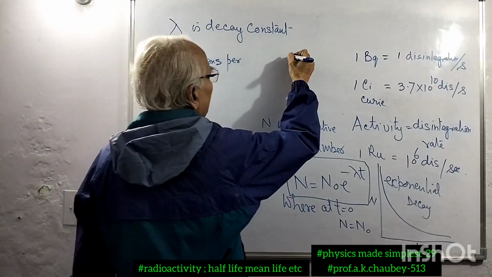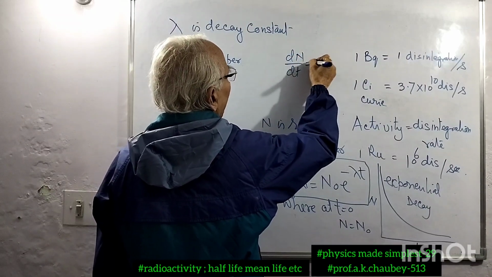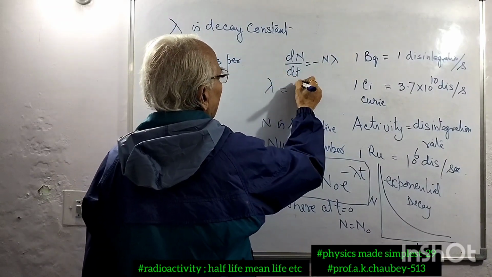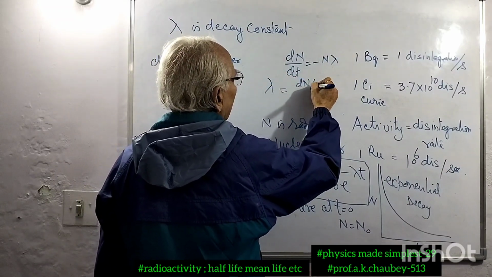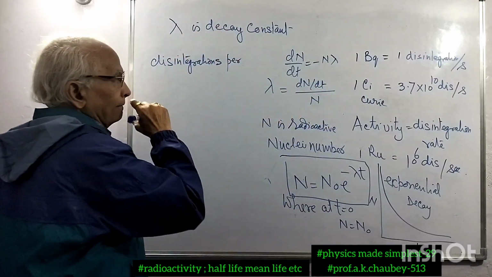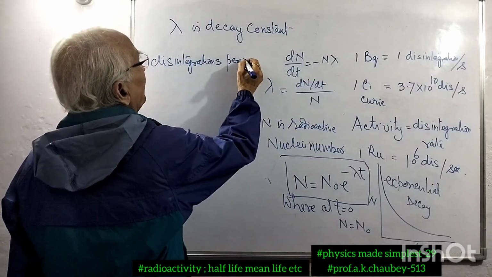From the equation dN/dt is equal to minus N lambda, lambda is dN/dt upon N. So disintegrations per unit time.